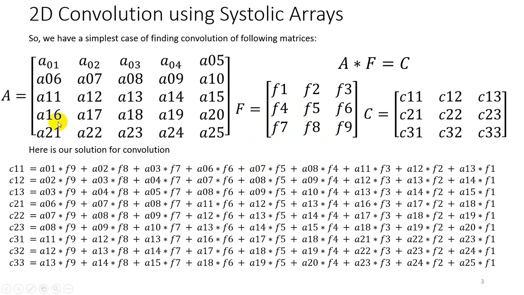If we have a matrix A and a filter, they both are 2-dimensional. So we get the C output as follows.